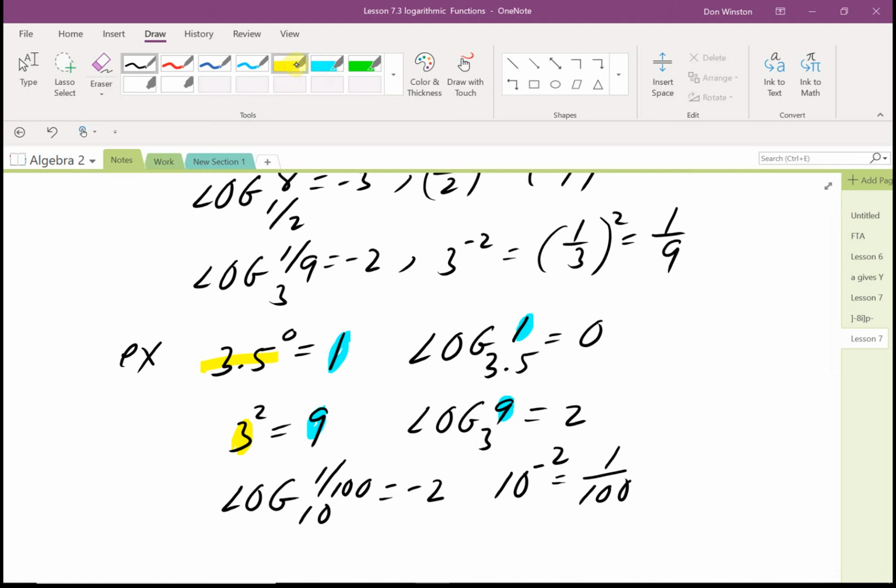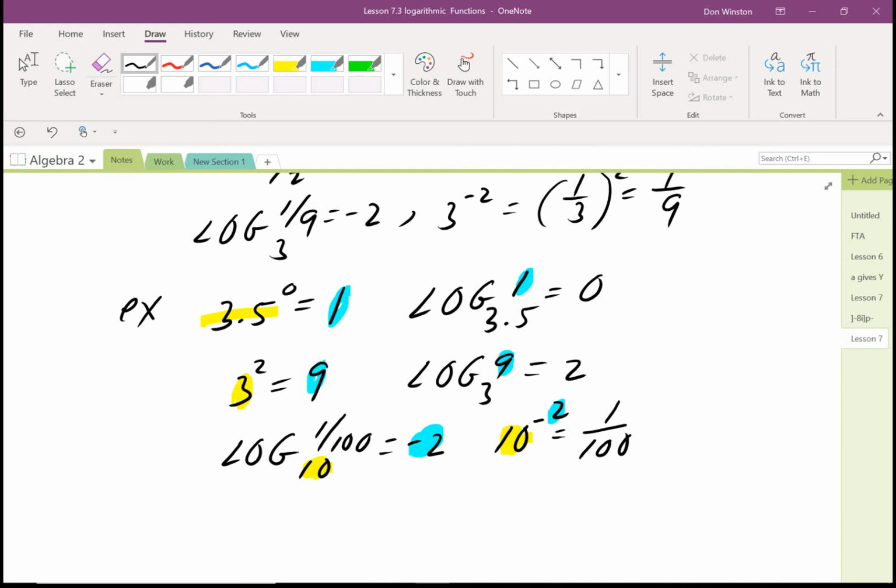Again, here my base was 10 and I had -2 as my exponent. So it's very easy to go from a log to an exponential, or from an exponential to a log.